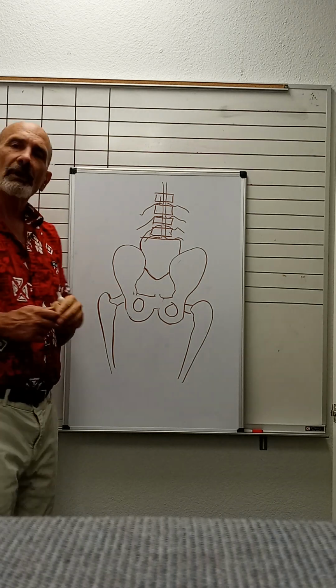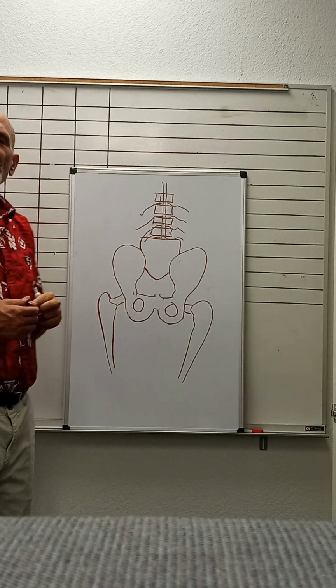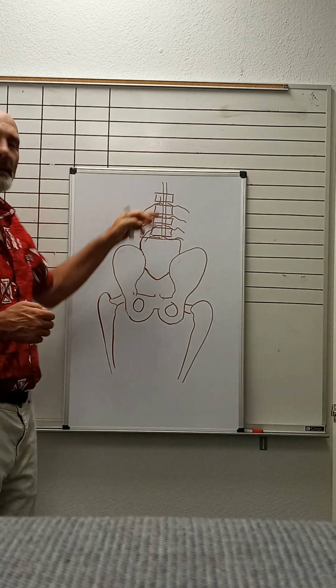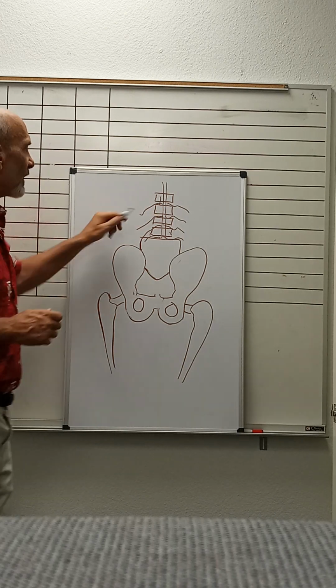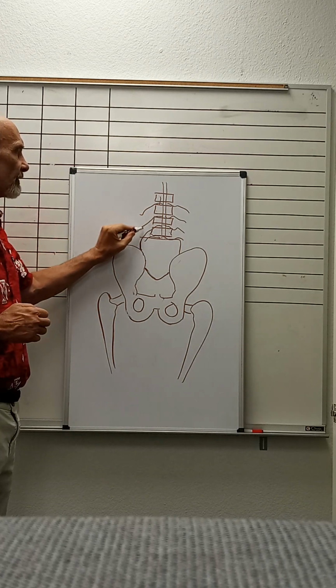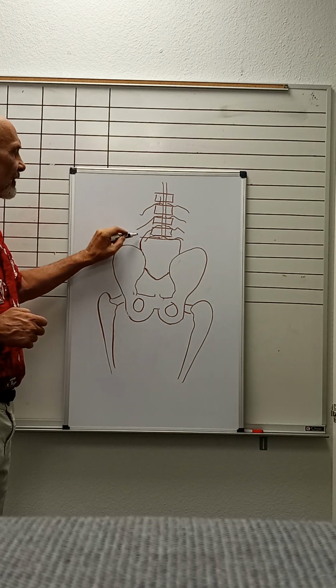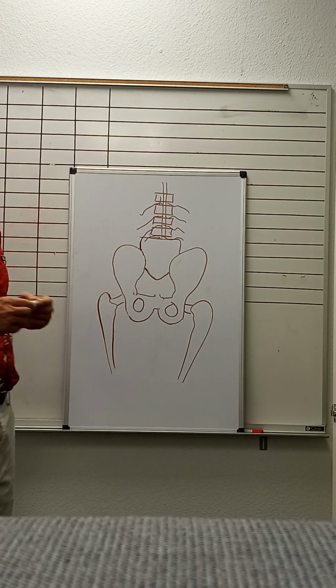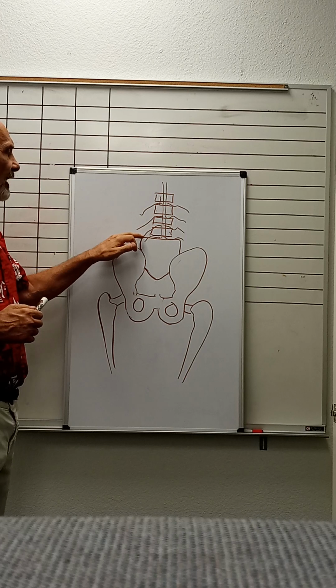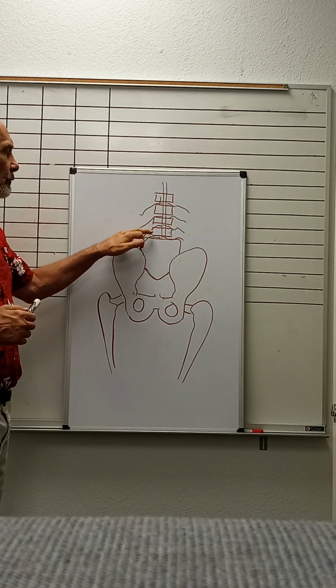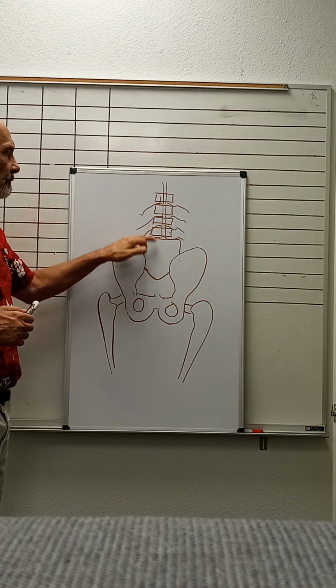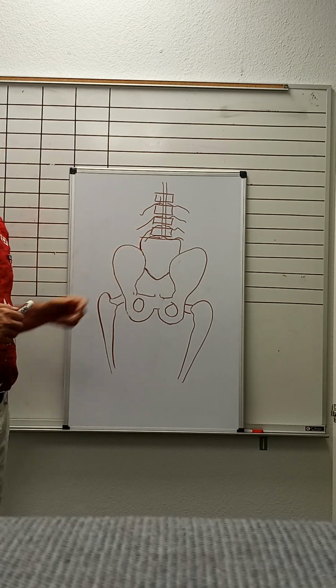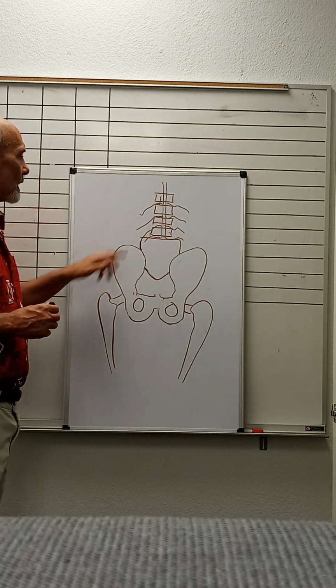Sometimes that disc will do what's called herniation. It comes out of its proper position and it can impinge upon the nerve that's going down. These nerves go down to different parts of the leg. So this L5, S1 vertebrae, L5, this is sacrum. That nerve goes down the back of the leg.